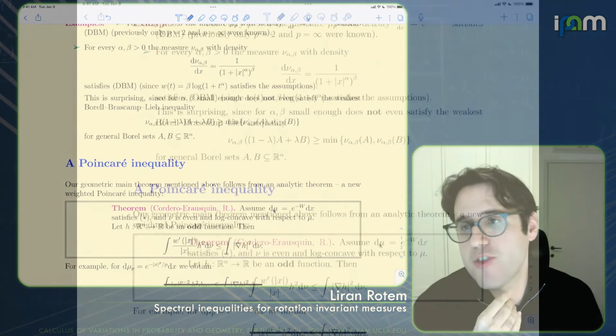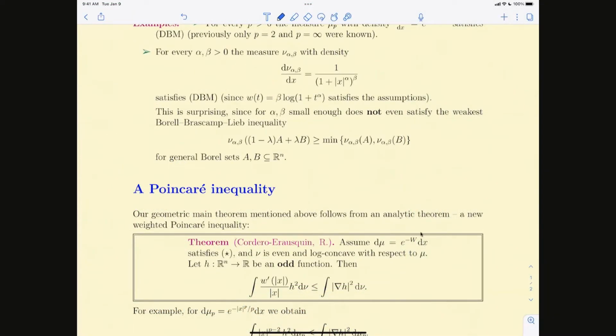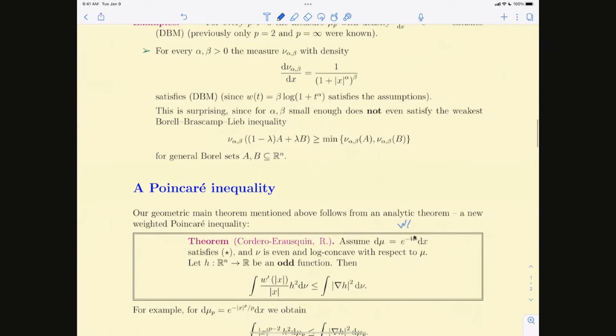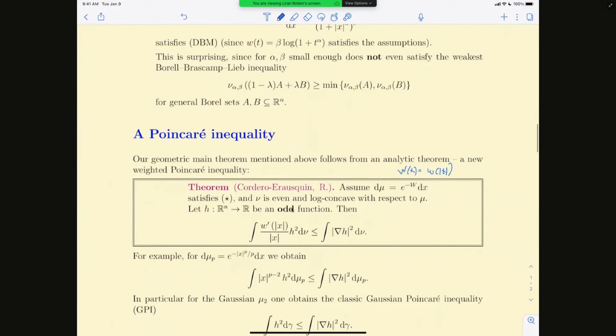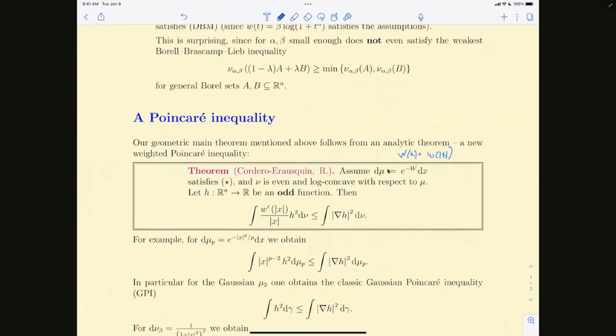So we take a measure mu, again, density e to the minus W, with the same conditions as before, right? In particular, I will remind you that W of x is small w of the norm of x, it's rotation invariant. And I can take mu itself, or I can take any measure which is even and more log-concave than mu.